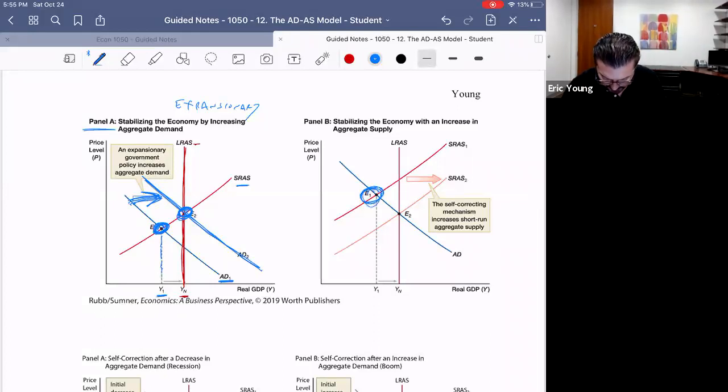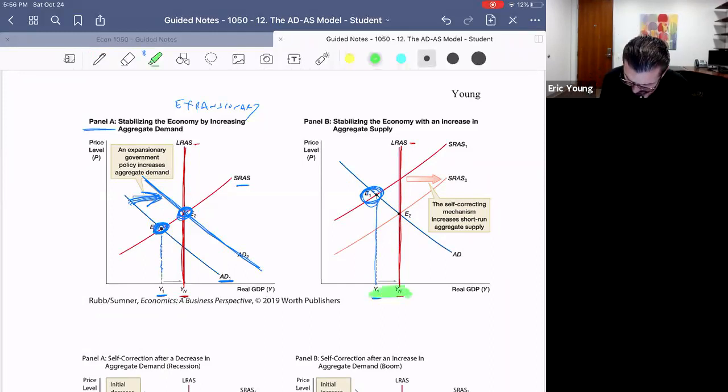We're operating here, and our actual output is here in blue. We see that our long-run equilibrium, our long-run AS curve is here in red, and our natural level of output. So you can see right here, the actual situation in blue, the potential in red. So of course we have a gap, recessionary gap.